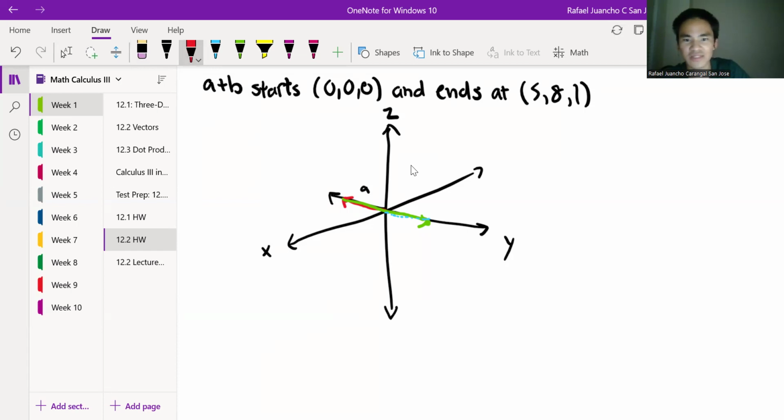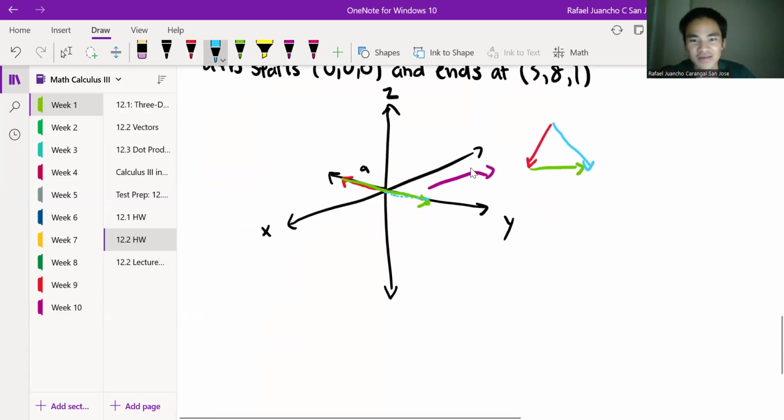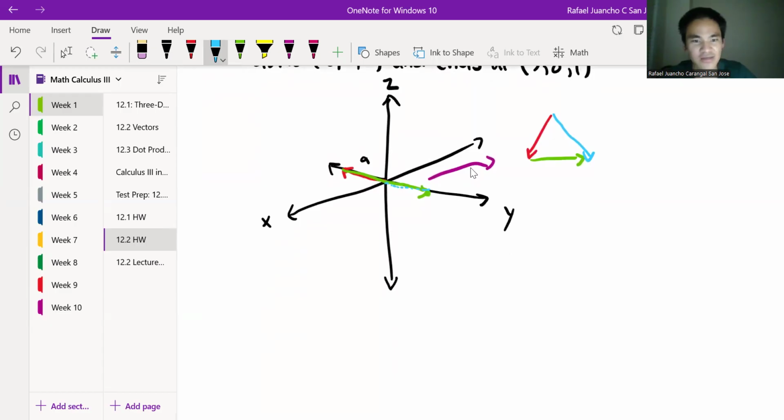But basically, what this is, you have a vector here. That's A. And then you go B here. Then you have C going here. Basically, that's what this is. It's just they have to go up to see it. But yeah, I think it should be that.